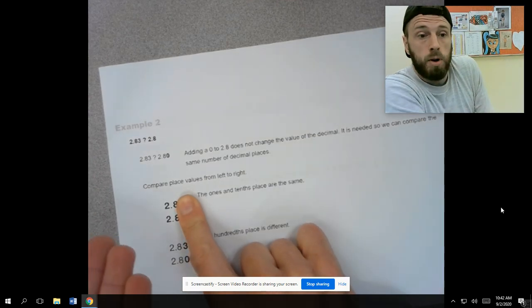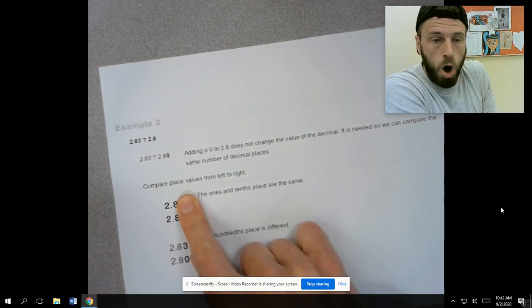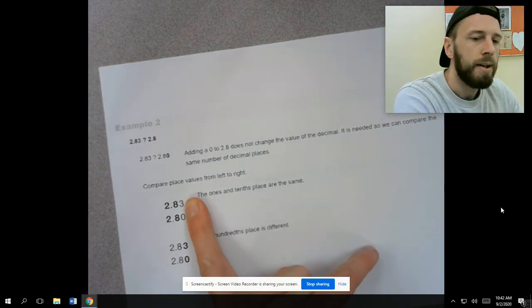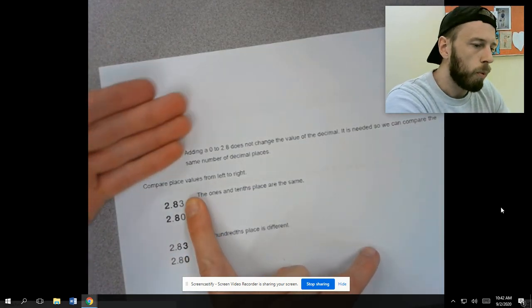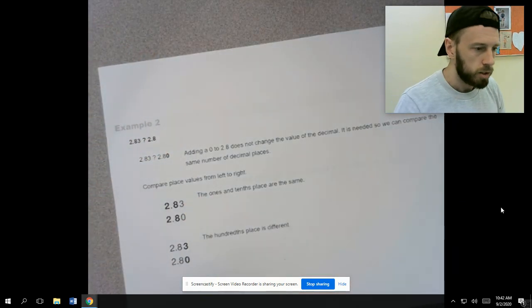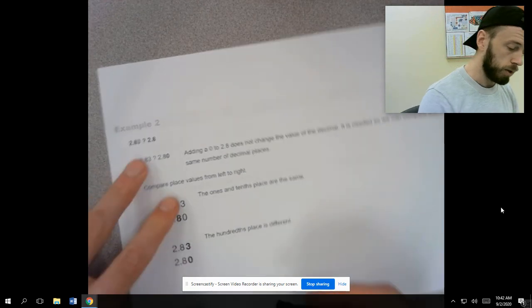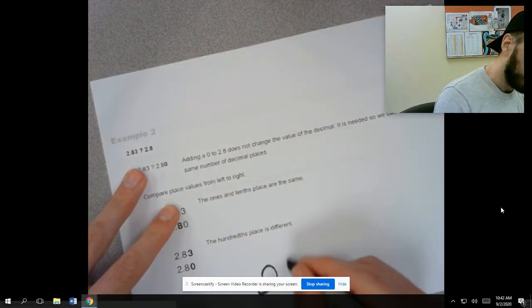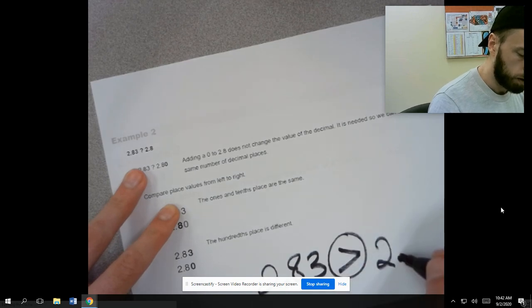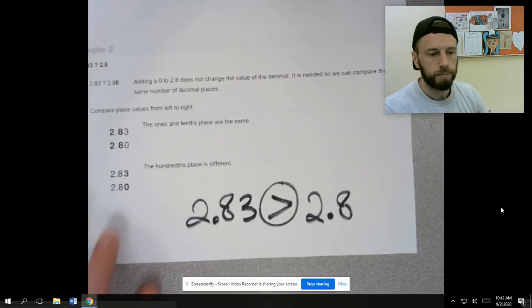They're basically the same number at this point? Wrong. We have to go one more place over. We find out this is where they're different. 2.83 is definitely bigger than 2.80. So going back to our original numbers, 2 and 83 hundredths is greater than 2 and 8 tenths.